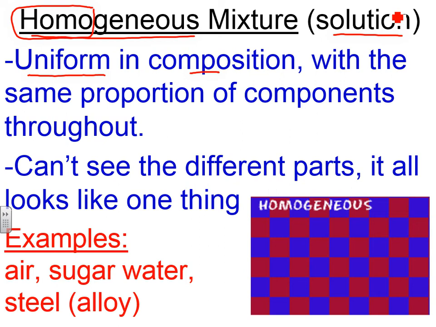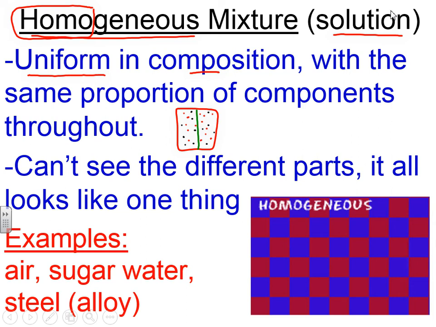So for example, if you have a box that contains a homogeneous mixture, again with red and black particles, same composition throughout would mean if you take a look, say, at the left side of the box and at the right side of the box, you should see the same amount of black and red spheres. That's kind of the idea.